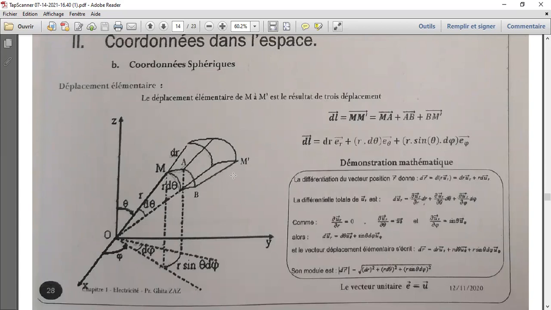So we are starting. This is the point where we're starting, the grand M here. I want you to follow me. And we want to reach this point. For you to reach this point, there are movements which you have to follow. So you have this point M here. Then for you to move to M prime, first of all, you have to move laterally, on the lateral circle, which is the side circle, not the one on top.